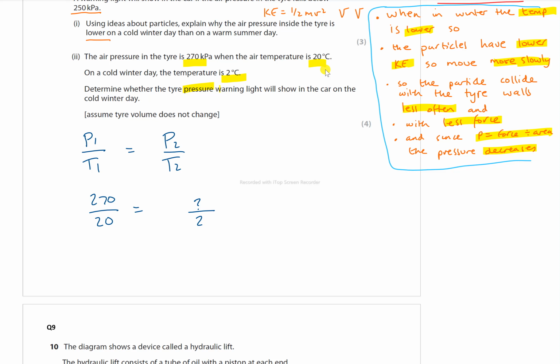Right, okay, so we want to work out this unknown pressure. So we do 270 times 2 divided by 20, which equals pressure 2. 20 degrees.